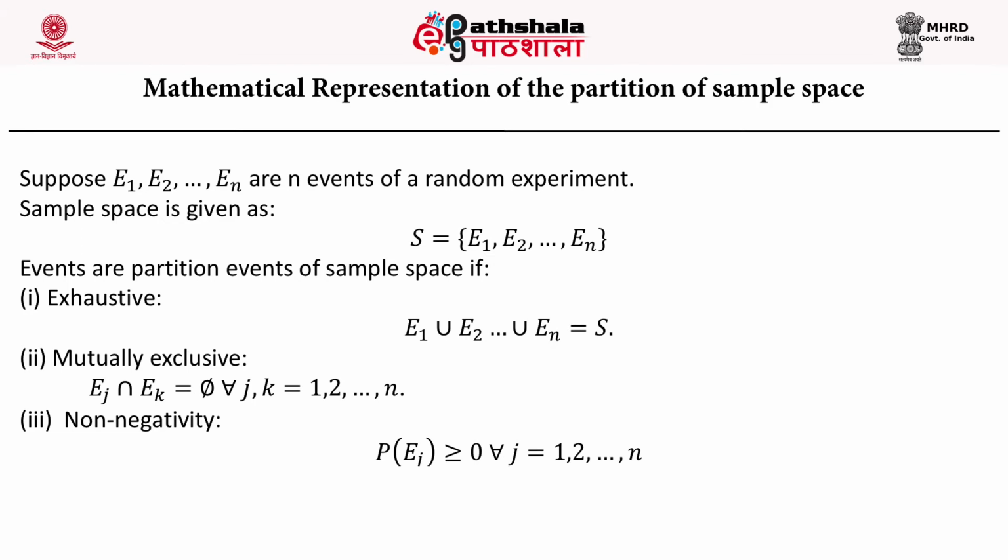It means the intersection of two events is equal to phi. So Ej intersection Ek is equal to phi for all j and k, where j is not equal to k. Third one is non-negativity: probability of Ej is greater than or equal to 0 for all j from 1 to n.